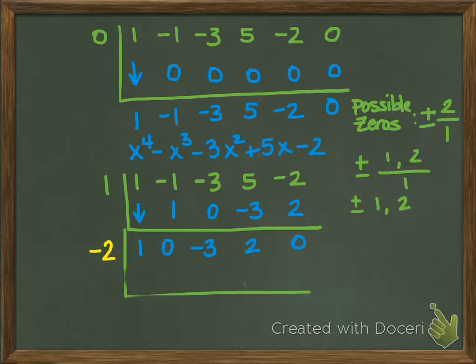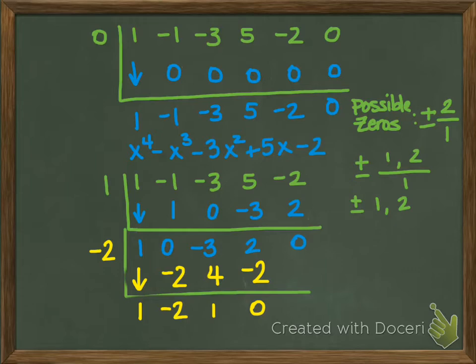So I erase, and I try the next number on the list, negative 2. Bring down the 1. 1 times negative 2 is negative 2. Plus 0 is negative 2. Times negative 2 is positive 4, plus negative 3 is 1. 1 times negative 2 is negative 2, plus 2 is 0. So that means this is a solution.